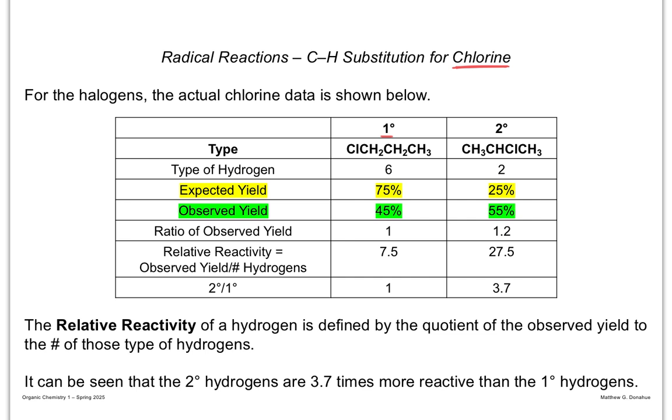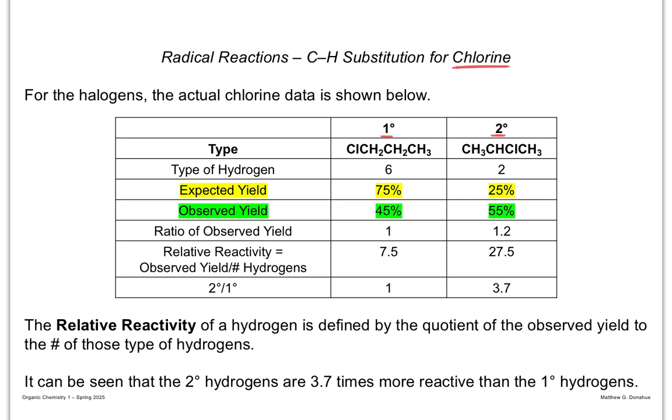So we have chloropropane versus 2-chloropropane. We found that in propane there were 6 primary and 2 secondary hydrogens, leading us to expect 75-25% yields.